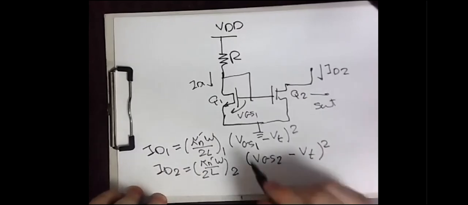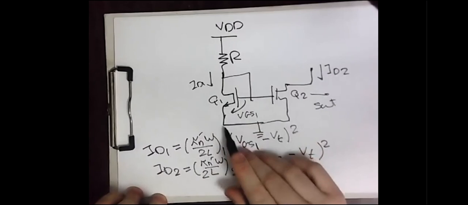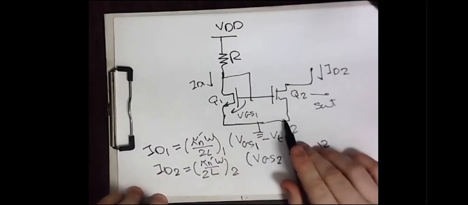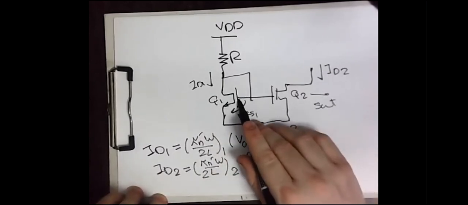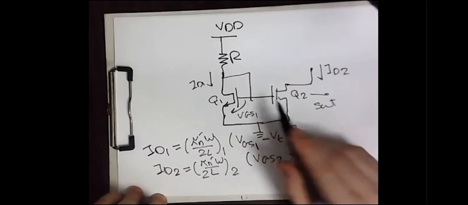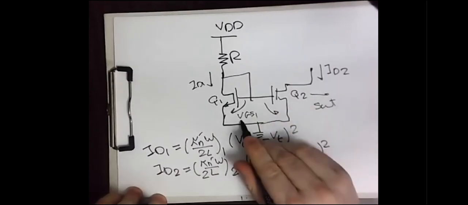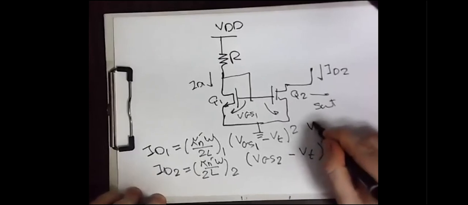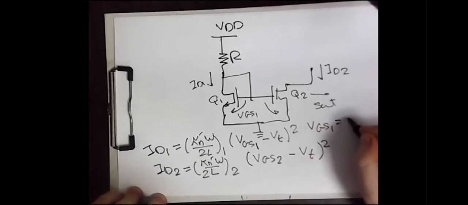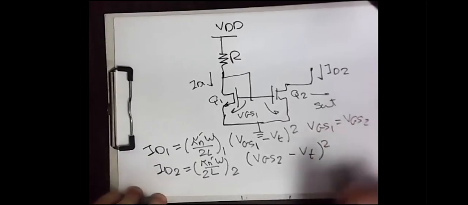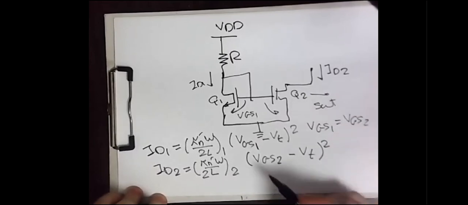But please take care: the source of the first transistor is connected to the source of the second transistor, and the gate of the first transistor is connected to the gate of the second transistor. So simply, VGS1 and VGS2 are equal. Accordingly, these two brackets are identical.